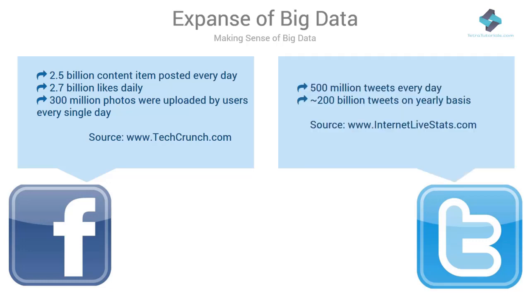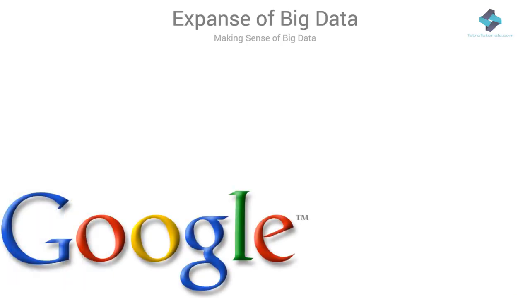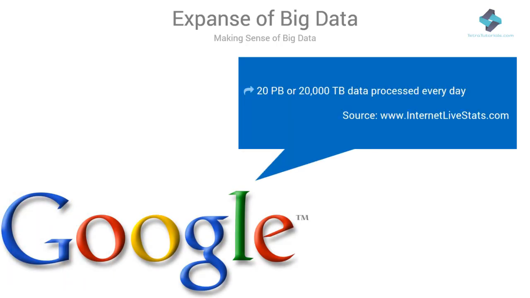Twitter has reported 500 million tweets every day, or roughly 200 billion tweets on a yearly basis. Similarly, Google reported 20 petabytes, or 20,000 terabytes, of data processed every day.